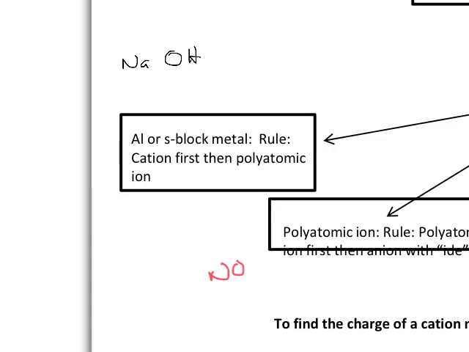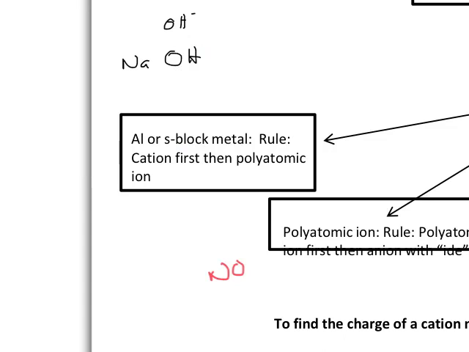okay, more than 2 elements. Yes, sodium, oxygen, and hydrogen. Identify the polyatomic ion: it is hydroxide, so that is OH minus. We've not bonded additional hydrogens to our polyatomic ion, so this isn't one of the oxyacids.